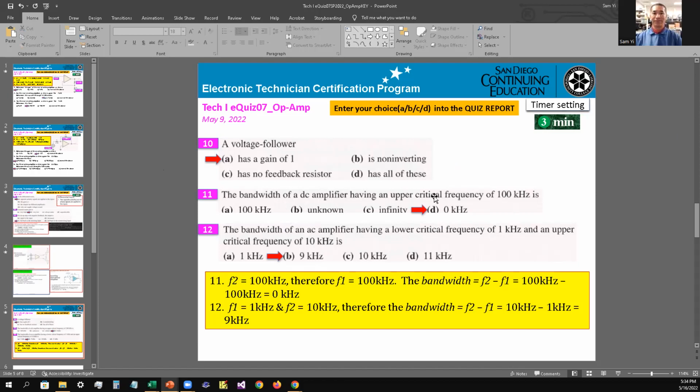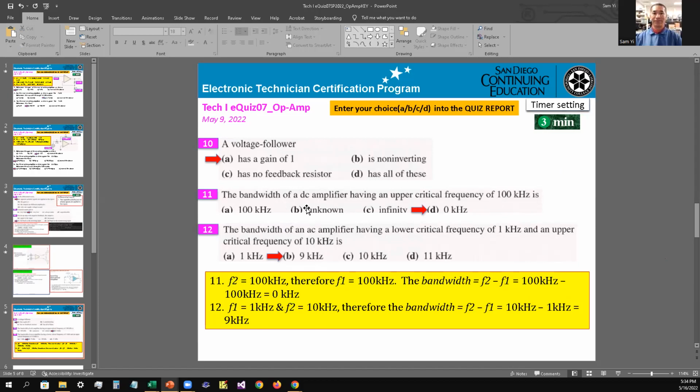Number 11, the bandwidth of a DC amplifier having an upper critical frequency of 100 kilohertz is: the answer is D as in David, which is 0 kilohertz. The upper critical frequency is F2, which equals 100 kilohertz. The F1 is not stated.